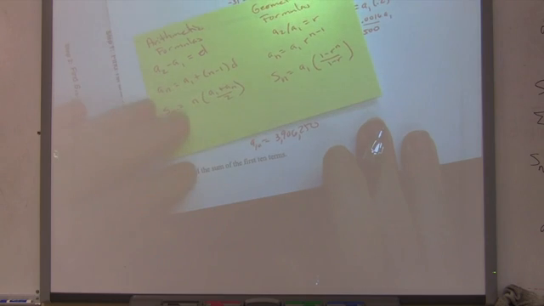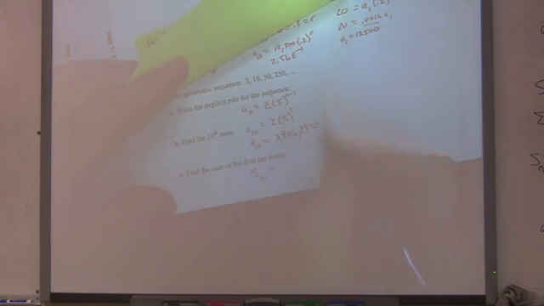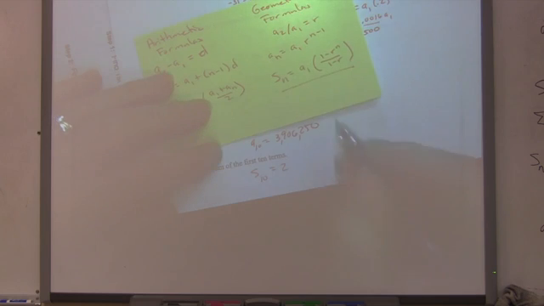And then it asks us to find the sum for the first 10 terms. So to find the sum for the first 10 terms, we now have to use this formula. So S sub 10 equals a sub 1, which was 2, times 1 minus r, which was 5, to the 10th power, divided by 1 minus 5.